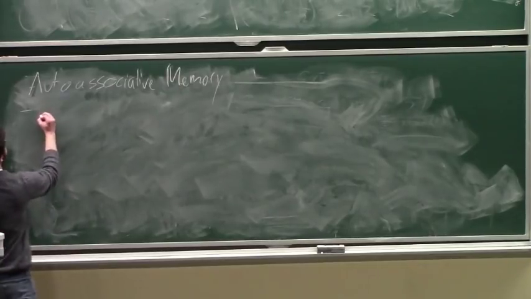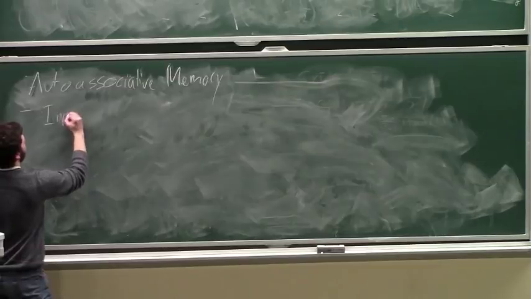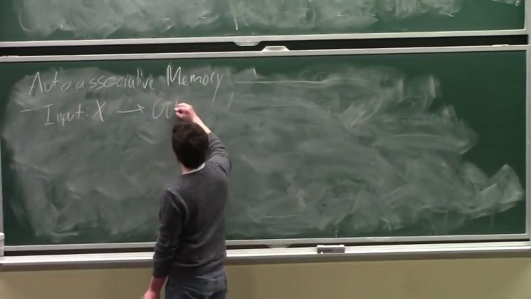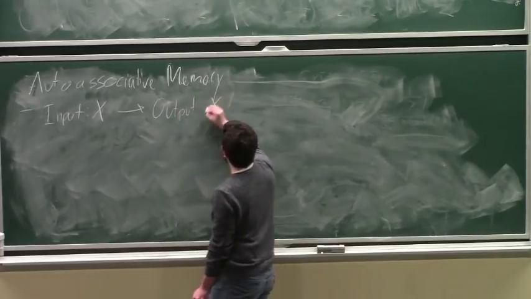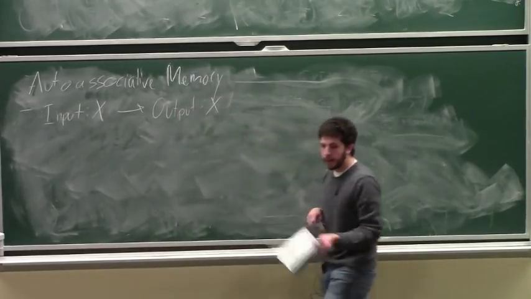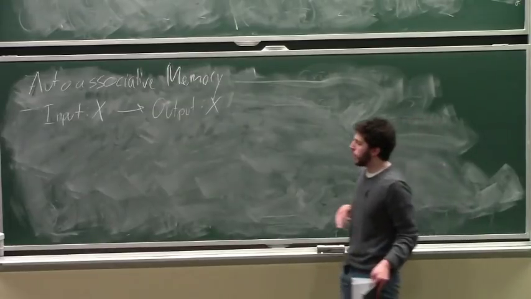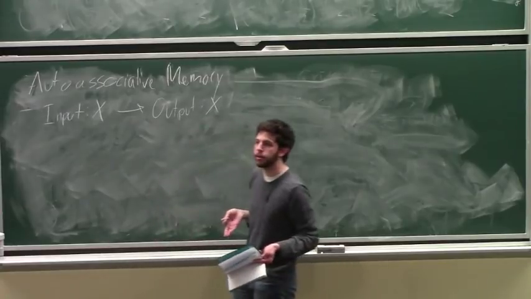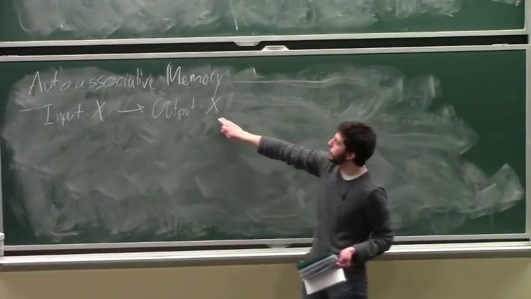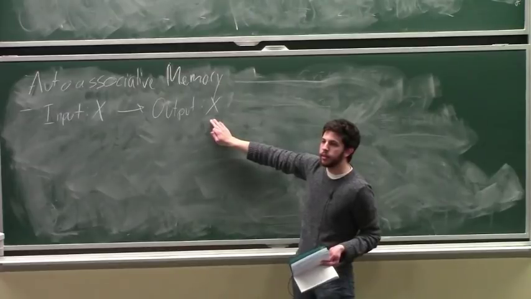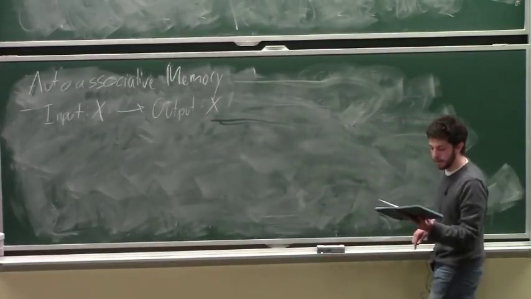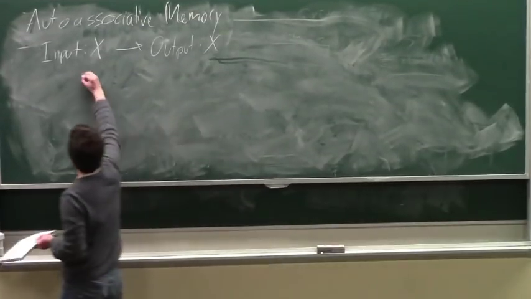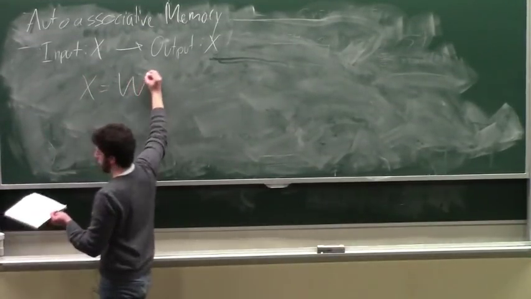So if we have input x, what you want is output x. All right? And then the idea is, if you have the image x and maybe half of the pixels are dead or aren't there, you still want to reconstruct x based off of your training. So we have x equals Wx.